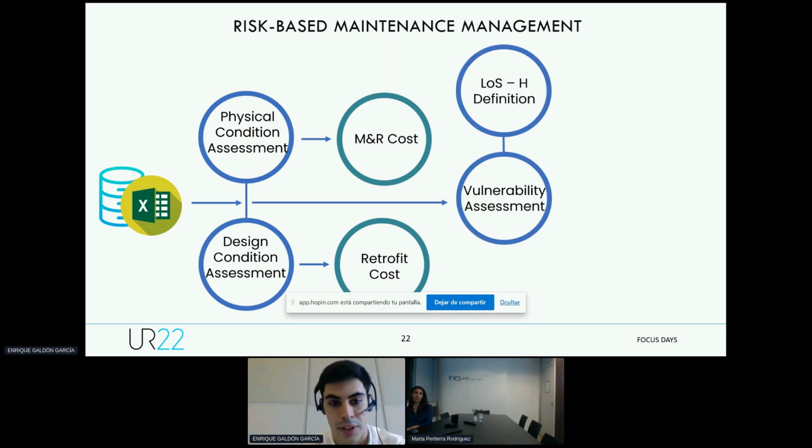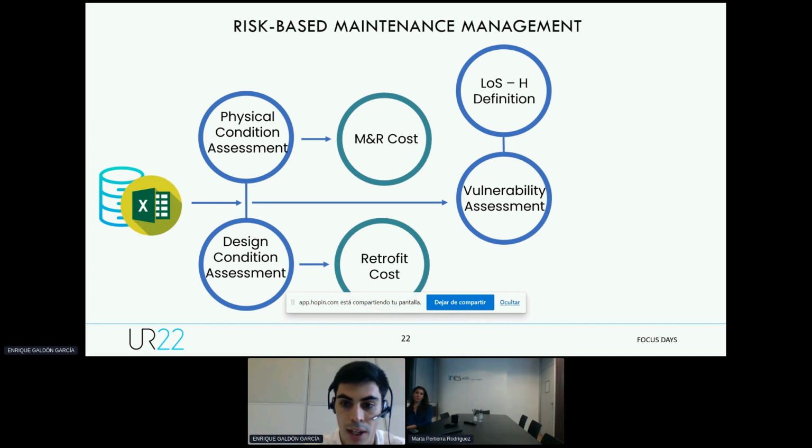Then, combining the physical condition assessment and the design condition assessment, it's possible to calculate the vulnerability of the building. It's important to say that in this case, the island is quite small, so there is no difference in the exposure. That's why we don't introduce the exposure in this project.